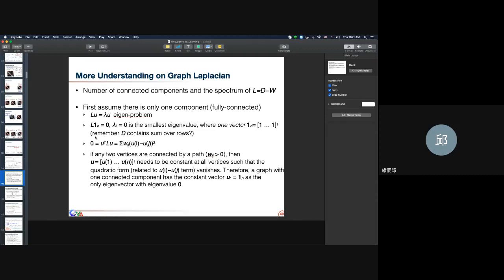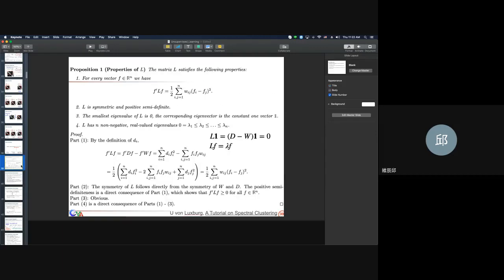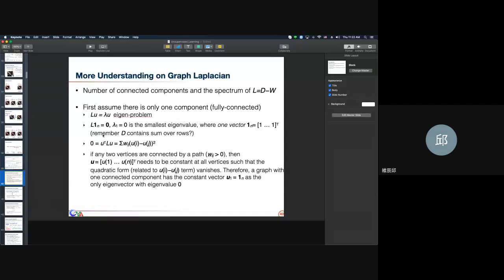according to what we have mentioned here, it has the smallest eigenvalue equal to 0, and the corresponding eigenvector of this 0 eigenvalue is a 1 vector.